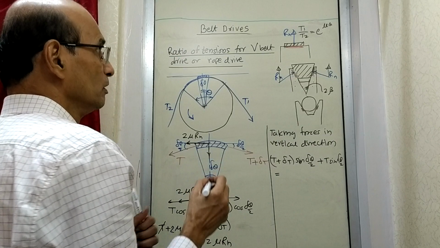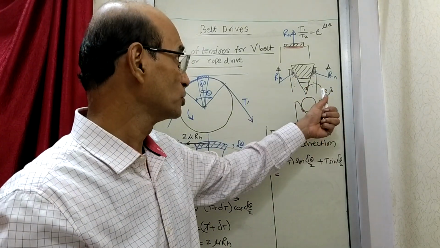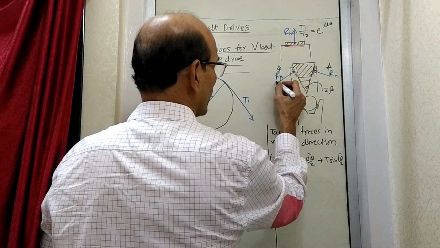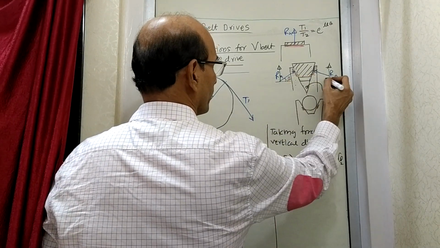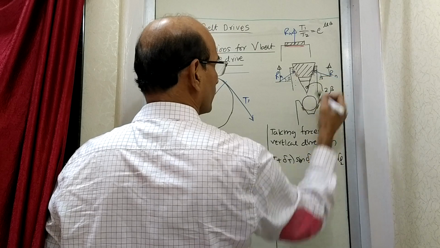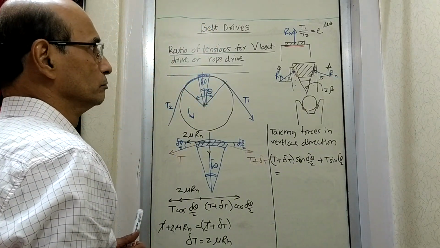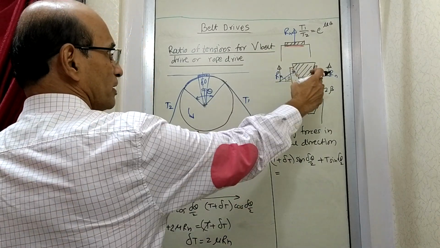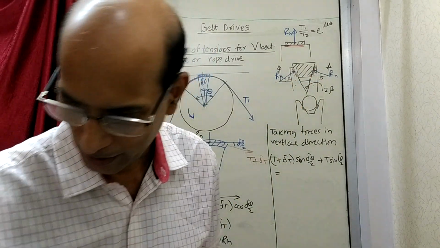The V groove angle which is there, that is shown by 2 beta. So half of that is going to be beta. So that angle is here, beta. So this becomes Rn sin beta. So I'll write here 2 Rn sin beta.